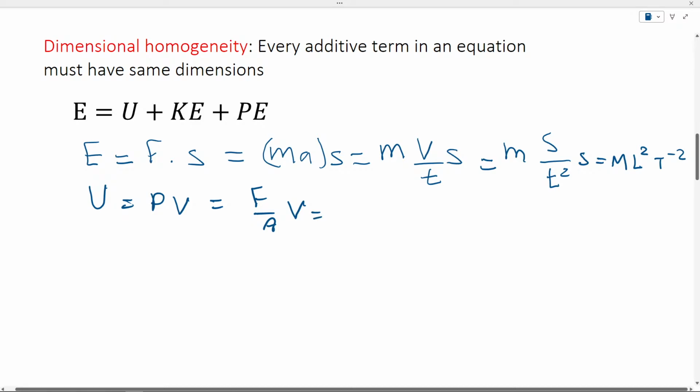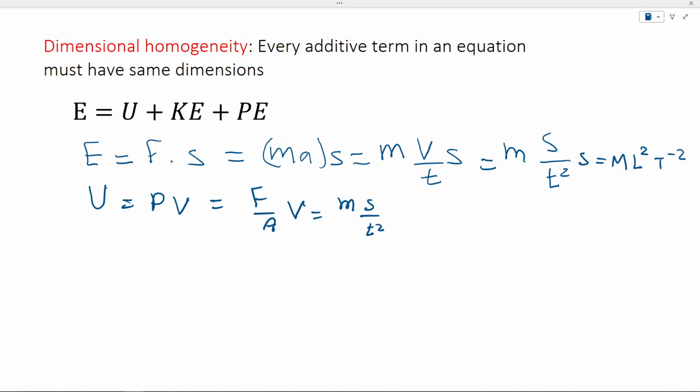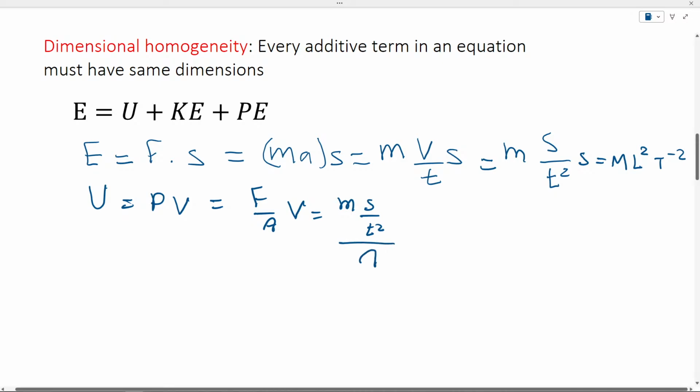Force you can express as m s over t squared, for example, over area, times the volume.